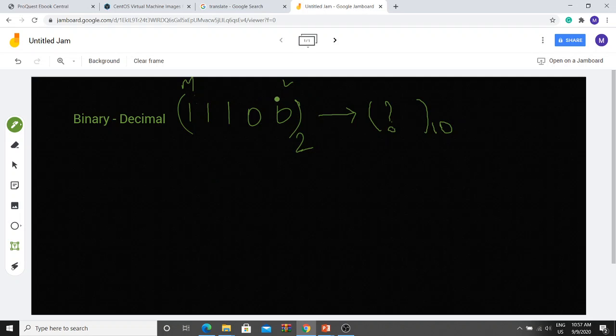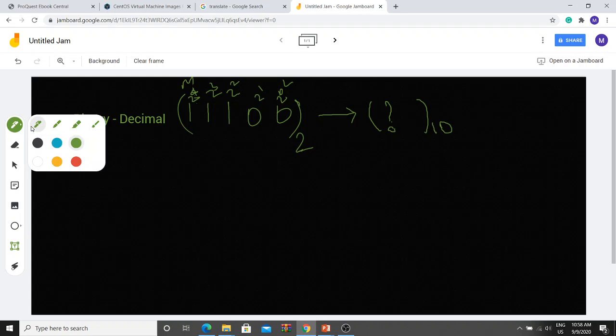So this will be 2 to the power 0, this will be 2 to the power 1, this will be 2 to the power 2, this will be 2 to the power 3, and this will be 2 to the power 4. Done.